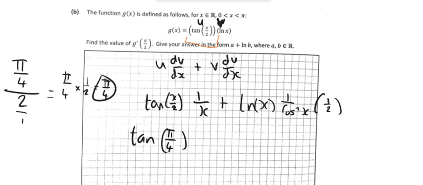So you get pi over 4 when you put it in there anyway. Multiplied by, so 1 over pi over 4 will end up being 4 over pi. And then plus ln pi over 4, just go straight in.